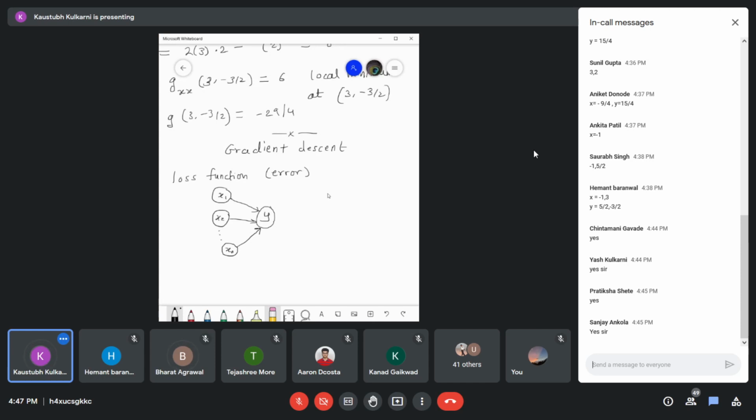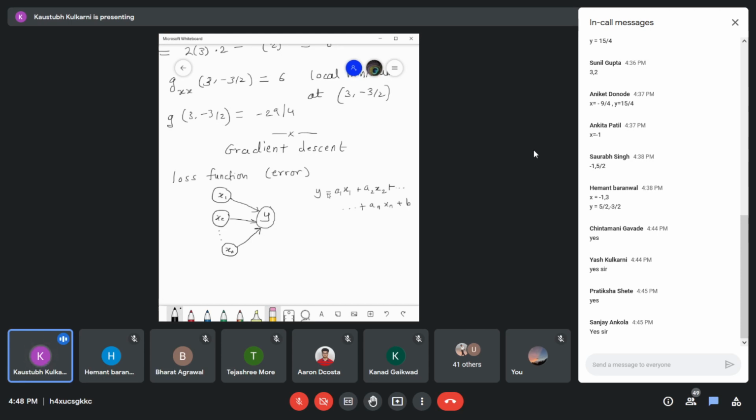So when I say y depends on them, it means that the equation of y is of the form y is equal to some coefficient multiplied by x1 plus some coefficient multiplied by x2 plus some coefficient multiplied by xn, plus some constant, or you can say m1, m2, mn plus b.